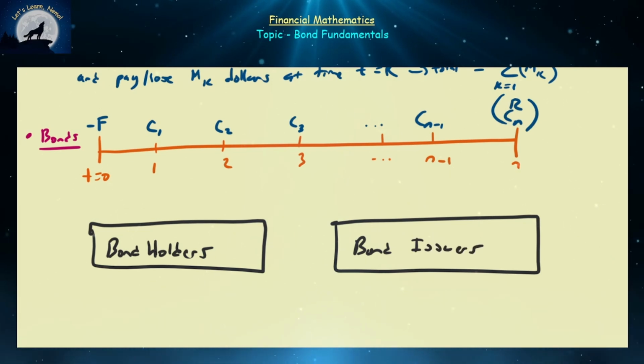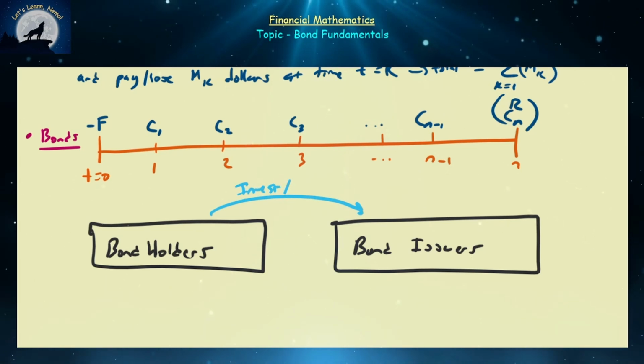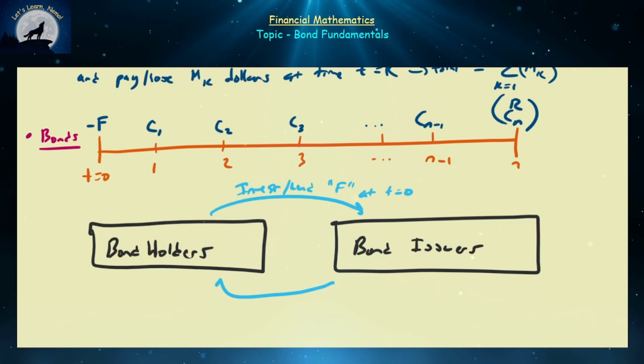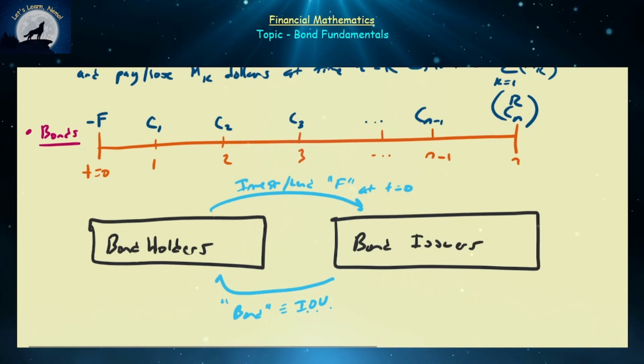So we're going to invest or lend F at time t equal to 0 to our bond issuers. And the bond issuers are going to give us a bond, which is technically equivalent to an IOU, right? So they promise to pay us money sometime into the future.